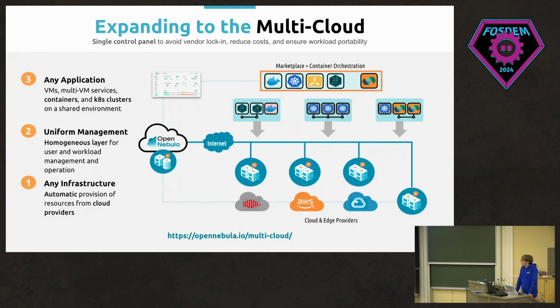You can deploy any infrastructure with uniform management for all of it, and you can run any application in your cloud. OpenNebula doesn't care if the host is located in Equinix, at the edge, or in your private data center. The only thing OpenNebula cares about is what VM is running the workload and how you can access that VM. So very handy.